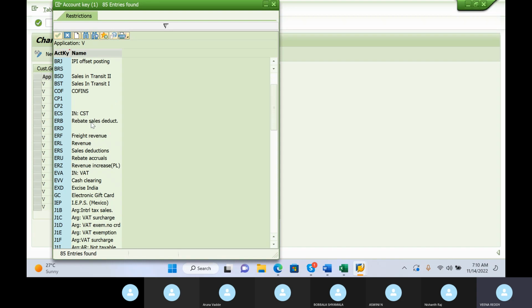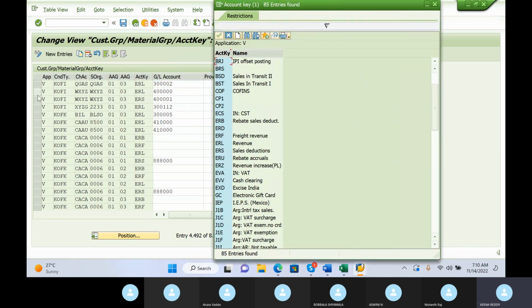That is only rebate, sales deductions. So for that GL, we have to assign this accounting key, ERB, with the GL. We'll make new entries again. Which product is related, which customer he is, domestic or foreign, that combination will give the rebate GL here.